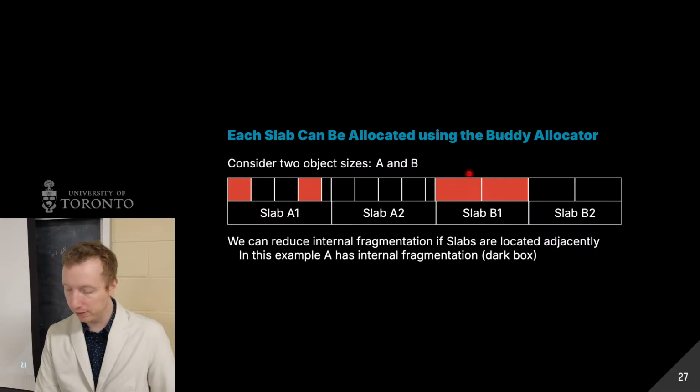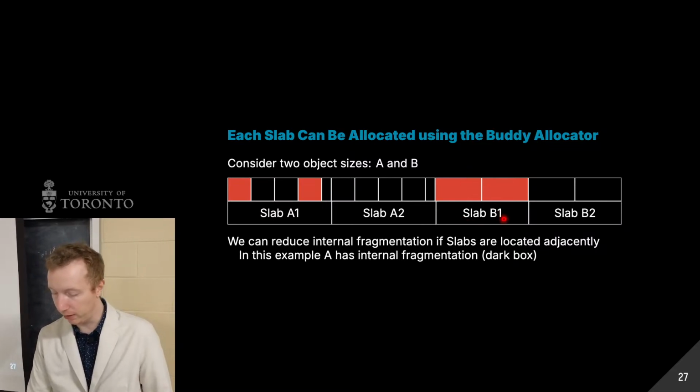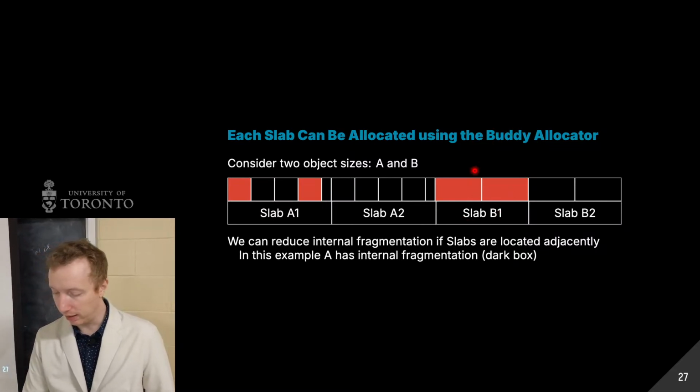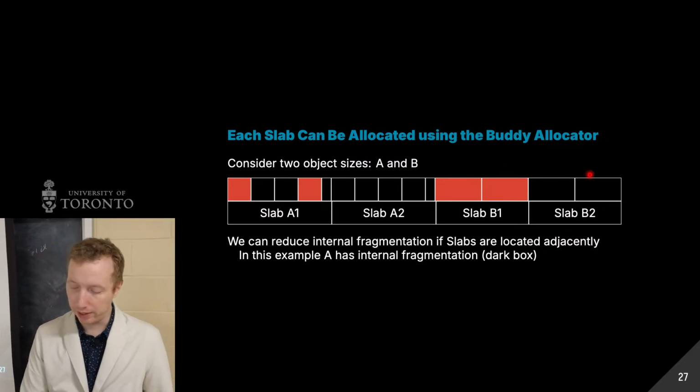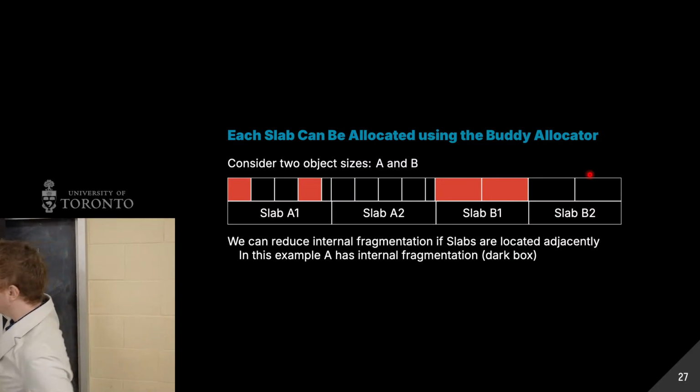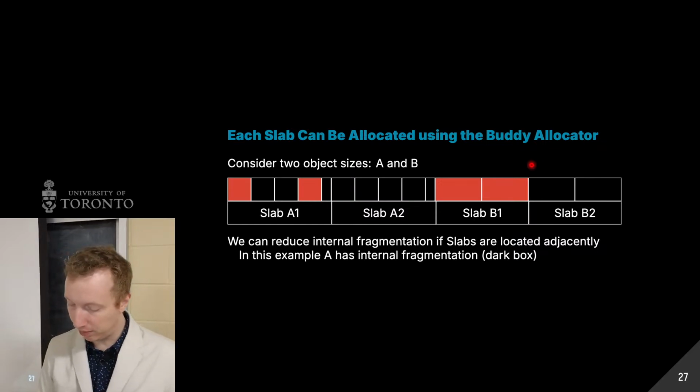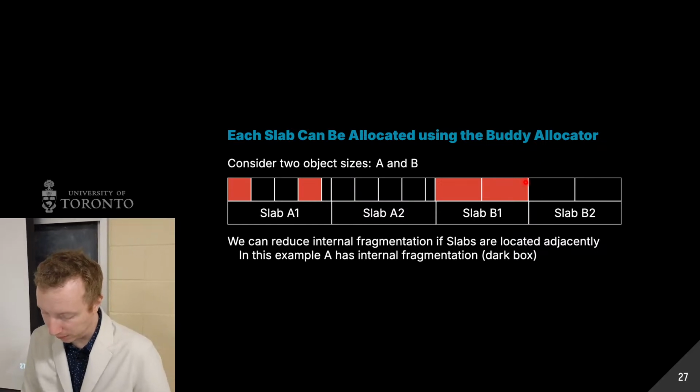And then maybe I have slab B for an object of size B that exactly fits 2 elements, and that's it. So I would also have to put the bitmap somewhere there, which I'm kind of glossing over on this.